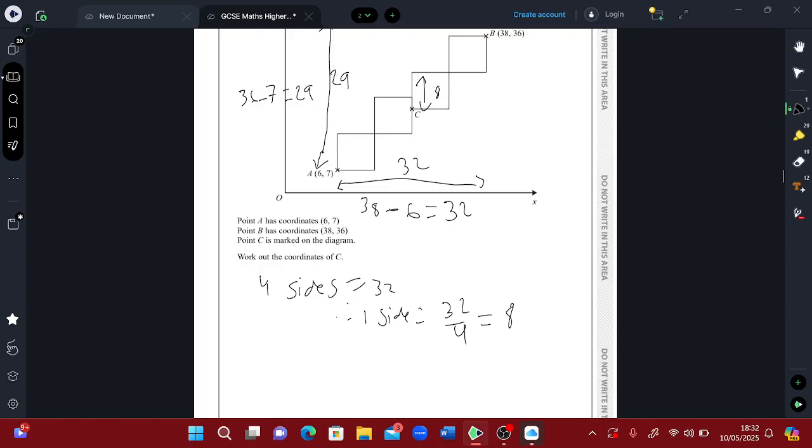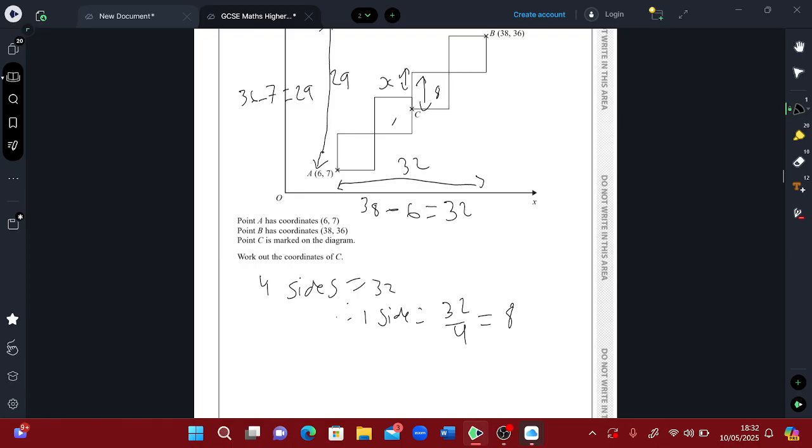How do I want to write this down? I want to work out this gap here. Let's call this length x.